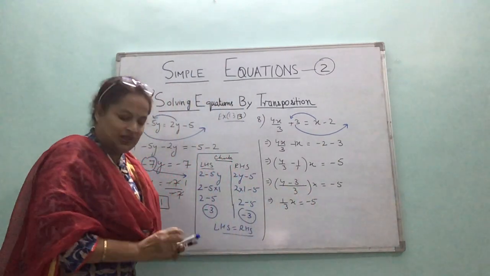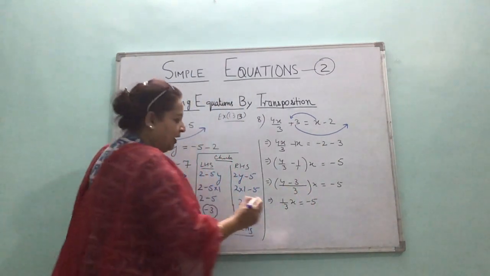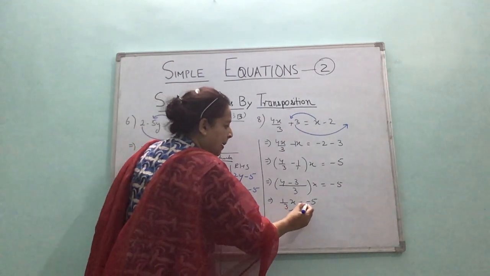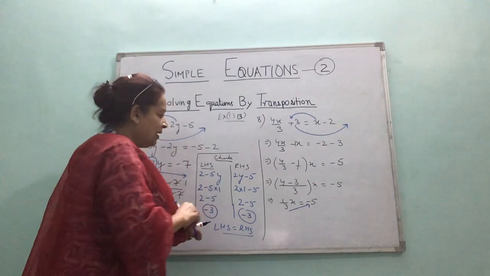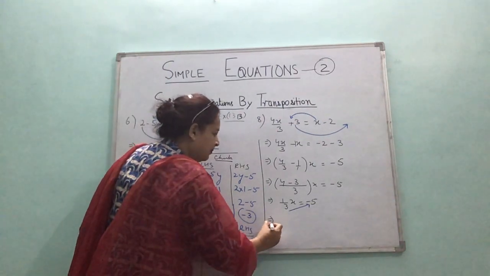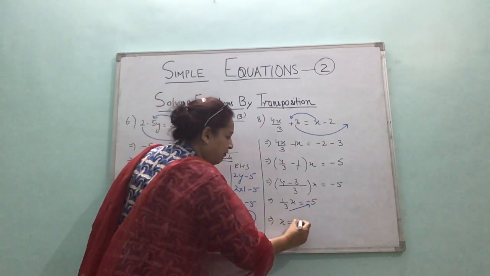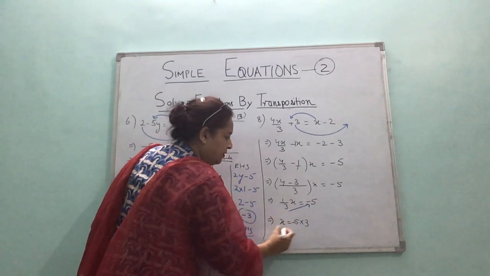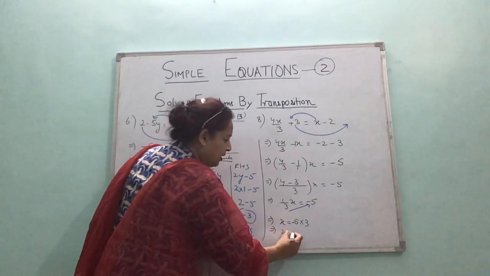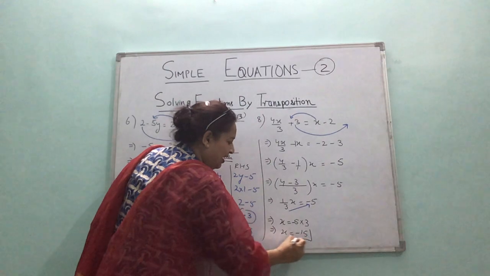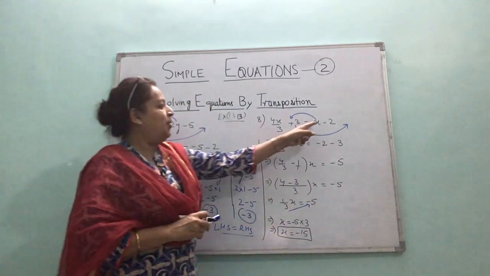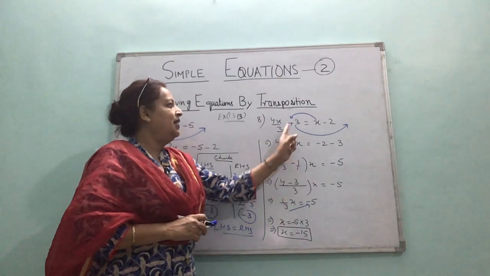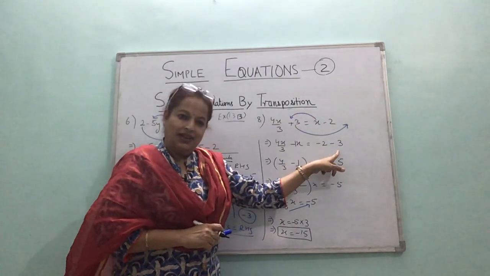Now how to transpose? It is cross multiplication. The value which divides multiplies, but the sign does not change. So what happens now? Minus 5 into 3, minus 5 into 3. So x is equal to minus 15. See, we brought x to this side, minus x, 3 to the other side, minus 3, right?